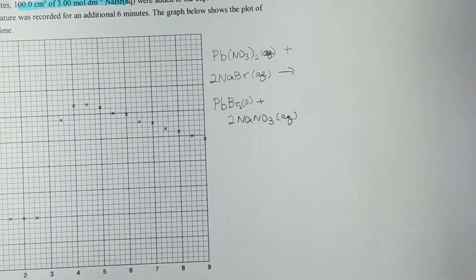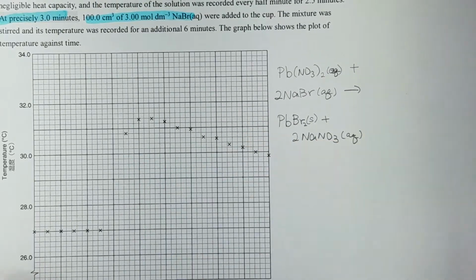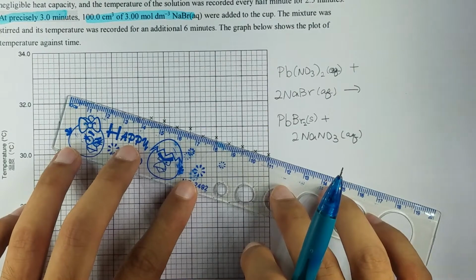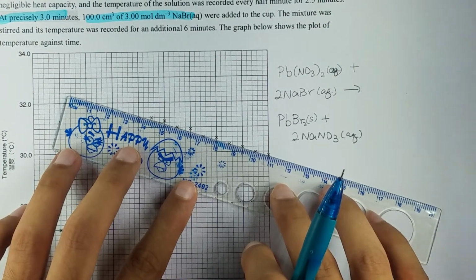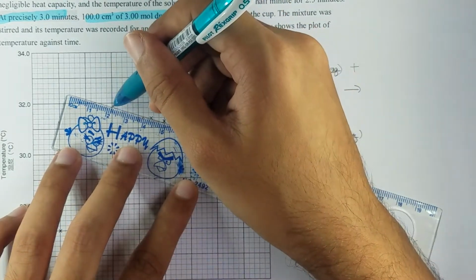Next, find from the graph the maximum temperature rise of the mixture. So we have to use the method of extrapolation. Find the best straight line and then keep drawing. So we'll draw this one over here, right here, using as many points as possible.